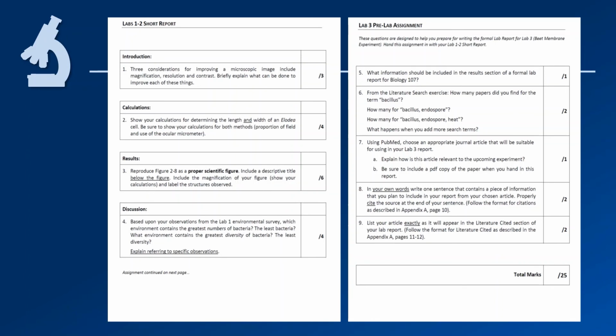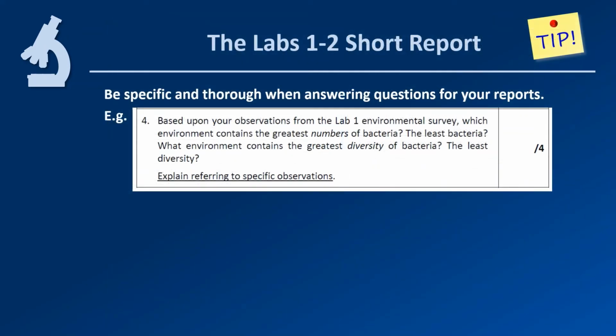I just want to show you one example question here. Question 4 says, based on your observations from Lab 1 environmental survey, which environment contains the greatest number of bacteria, the least bacteria, which contains the greatest diversity, the least. I told you before that you need to be specific and describe things well.